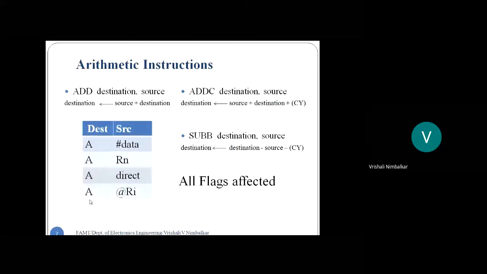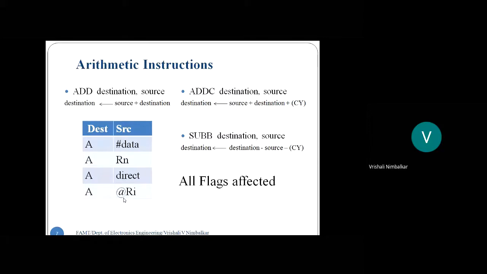Where can the second data be? Where can the source be? Hash data, meaning the second number you can give in the instruction, or you can store it in register Rn, R0 to R7, or the second number can be in memory. Mention the address here as direct, or make that a pointer.